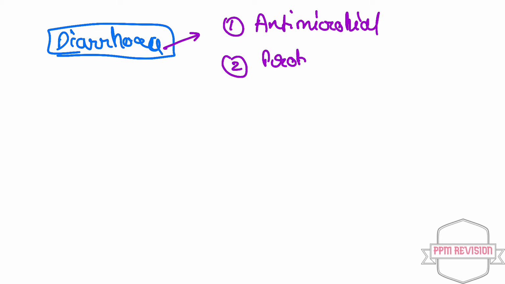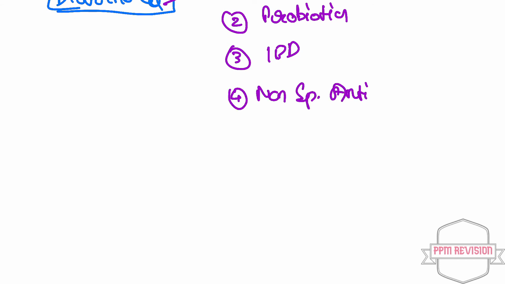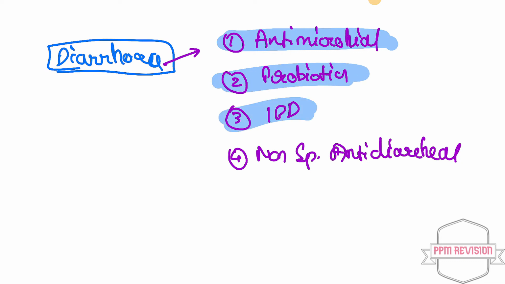Third, we have drugs for inflammatory bowel diseases, that is IBD. Fourth, we have non-specific anti-diarrheal. Let's just recap. It is the antimicrobial, probiotics, the inflammatory bowel disease, as well as non-specific antidiarrheal agents.